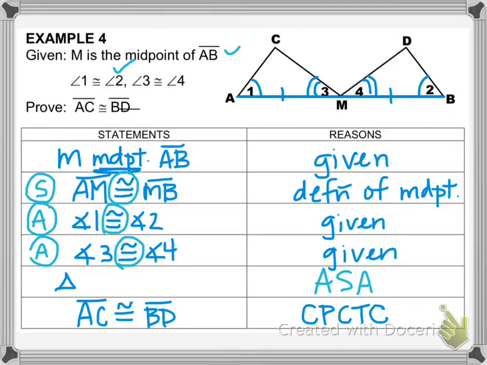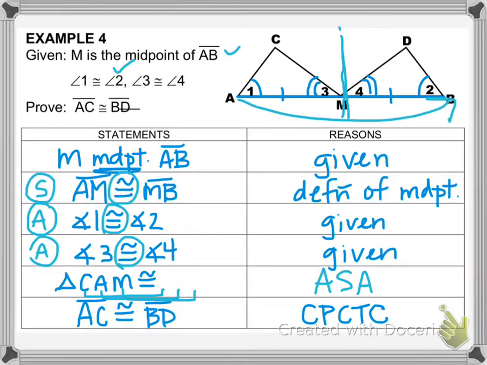So let's start maybe with the triangle on the left. You can call it any combination of the letters C, A, and M. I'm going to do CAM. And then the triangle on the right, we've got to be real careful the order that we put those letters in. To me, it looks like a reflection over this line right here. So A flips over to B, C flips over to D, and M stays upon itself.